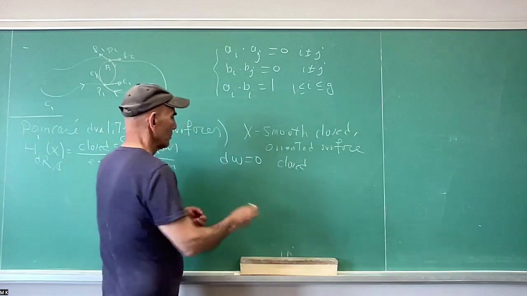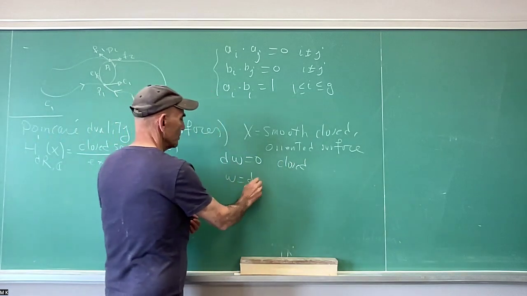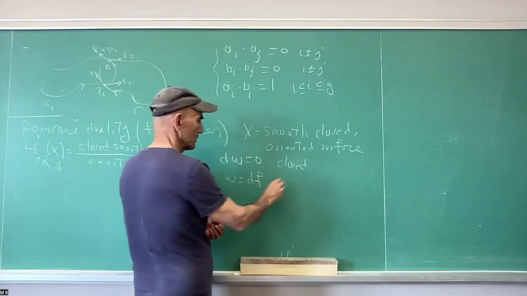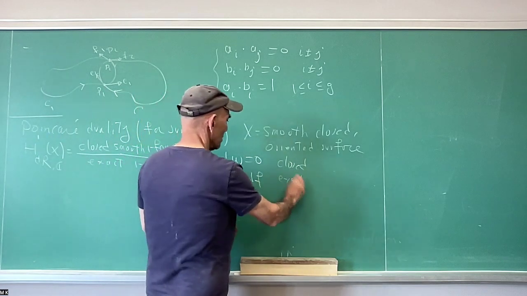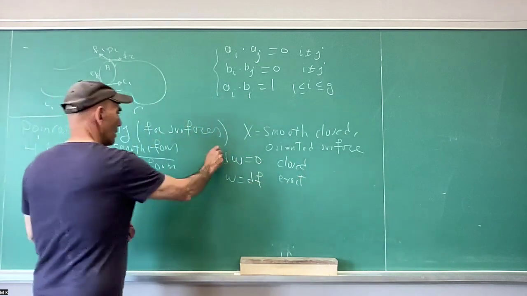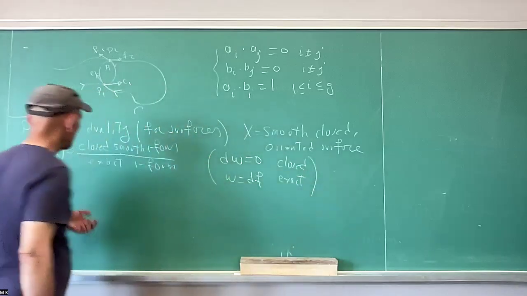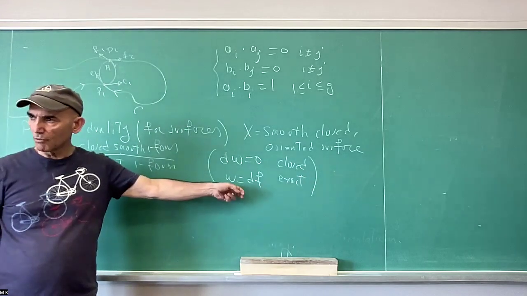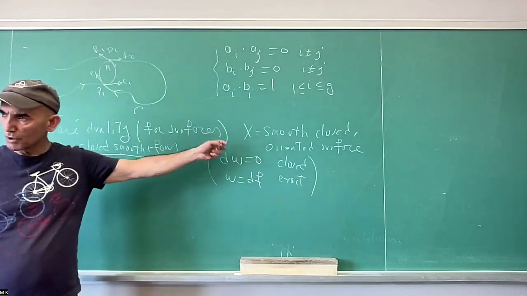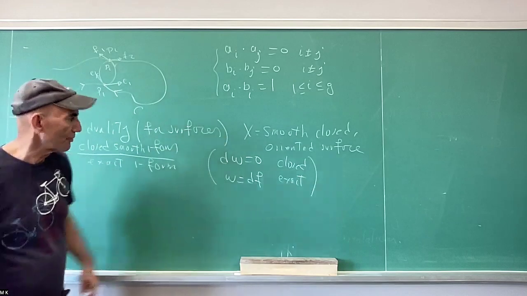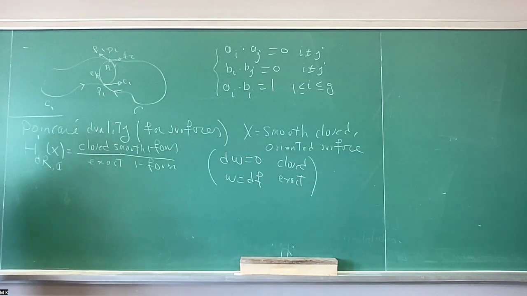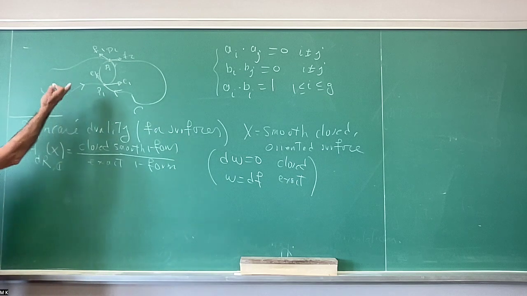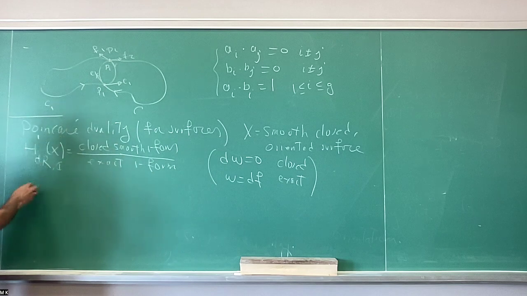And exact means omega is equal to d of f, the differential of a function. So we are taking these topologically trivial exact ones and just modding them out. The quotient is the interesting object, a topological object.